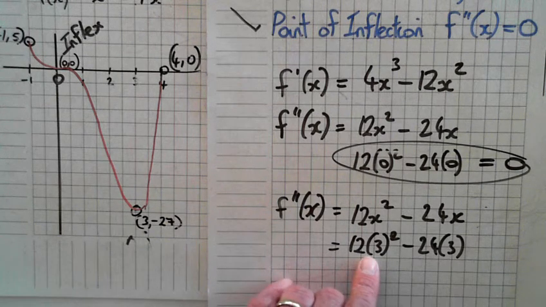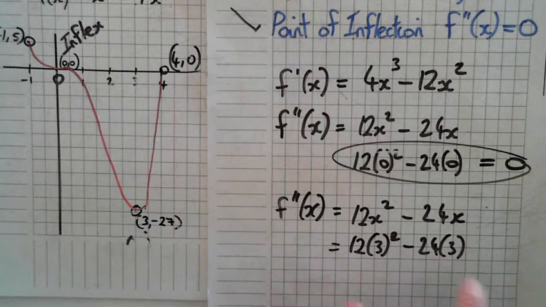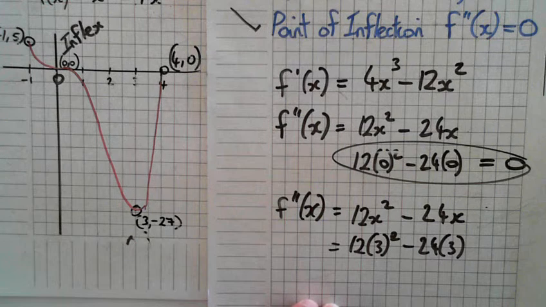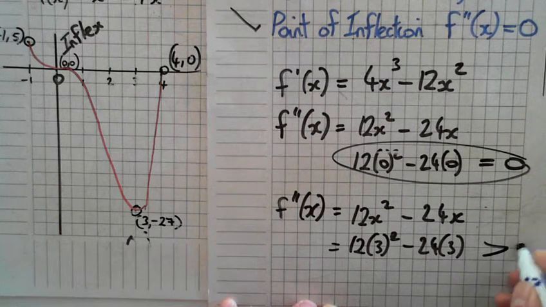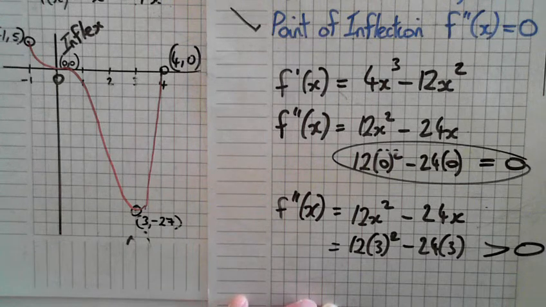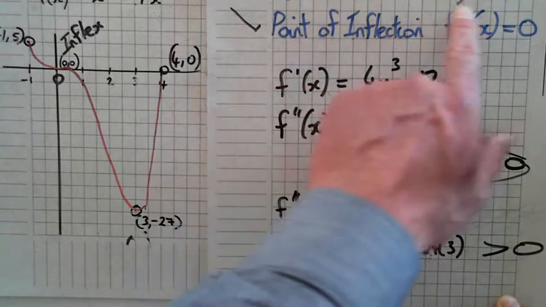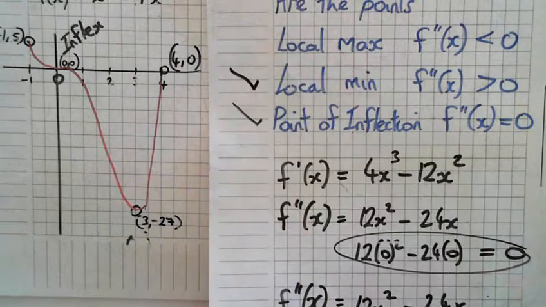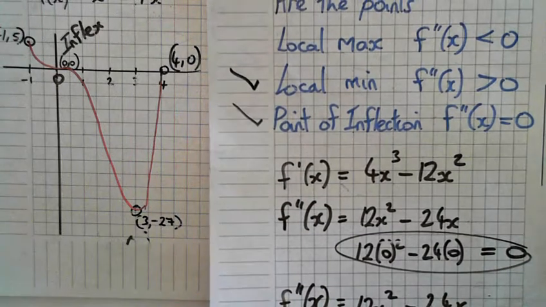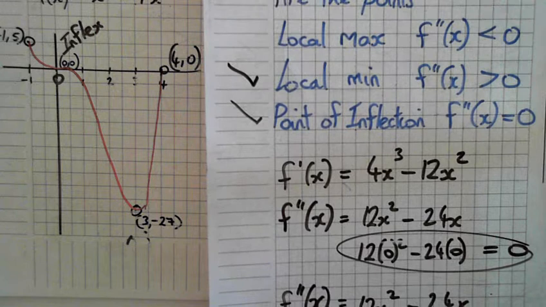So 3 squared is 9. 9 times 12 is 108, and then subtract 3 times 24. Alright? So the answer you will get will be greater than 0, won't it? So that means that because it's greater than 0, the second point is the local minimum.